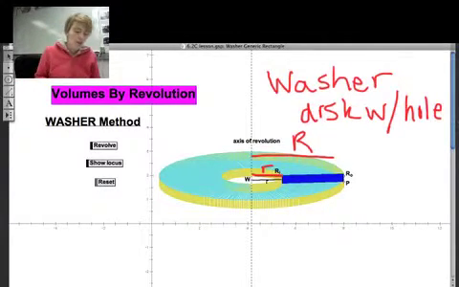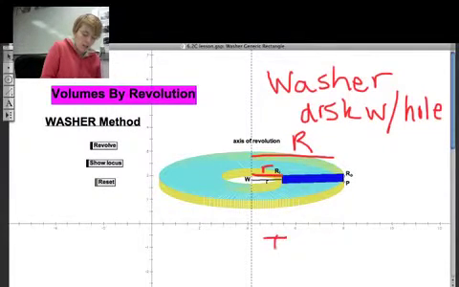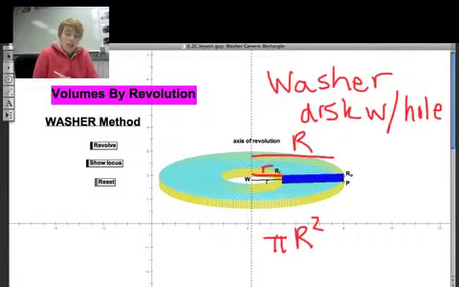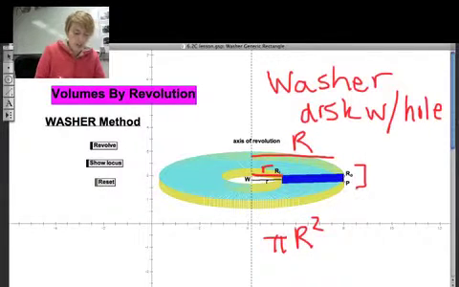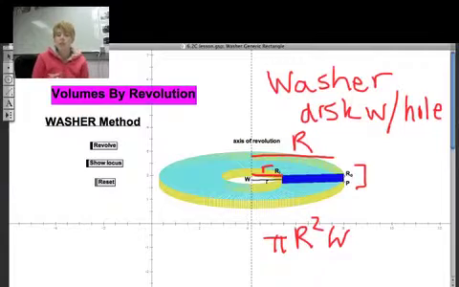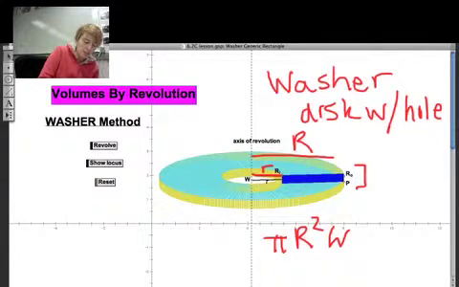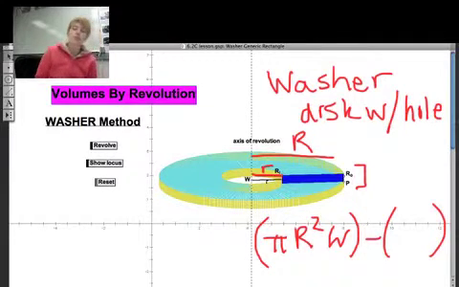That's my plan. So the volume of the entire disk is going to be pi times the big R squared times the thickness of the entire disk. Now the thickness is the width of the rectangle, so times the width. Then I'm going to take this thing, that's the whole entire big disk, and subtract the volume of the hole.